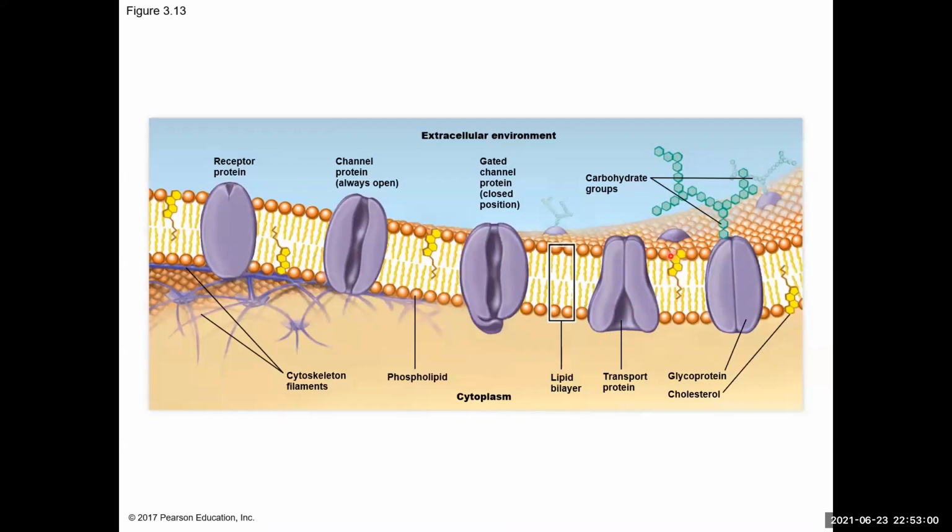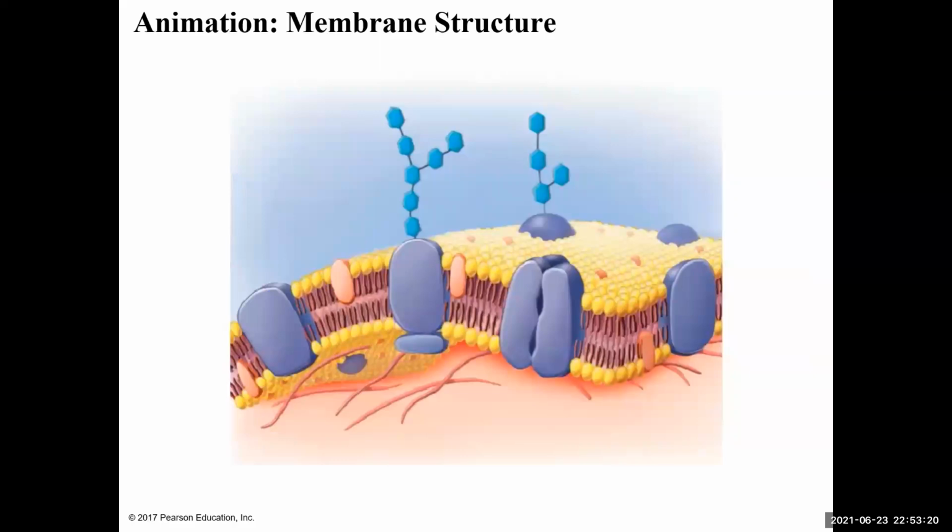Then you have these cholesterol molecules, right? Remember the 4-carbon ring, cholesterol molecules. And then you have this carbohydrate that is attached to the protein. And again, that's that communication with the cell, with its external environment. Okay. We have a little video here that kind of goes through the plasma membrane again.